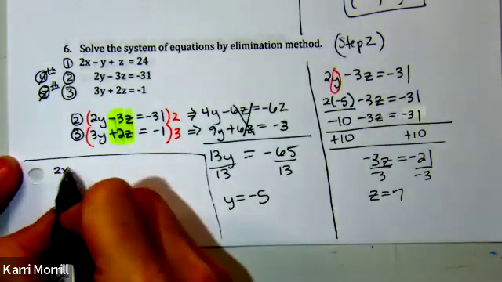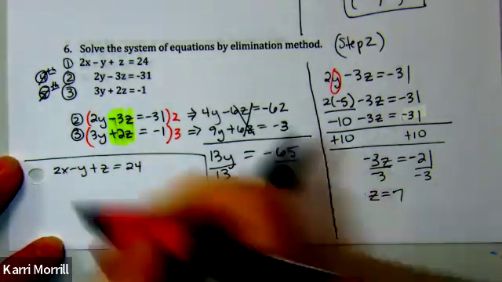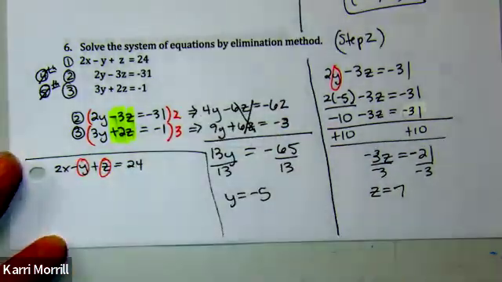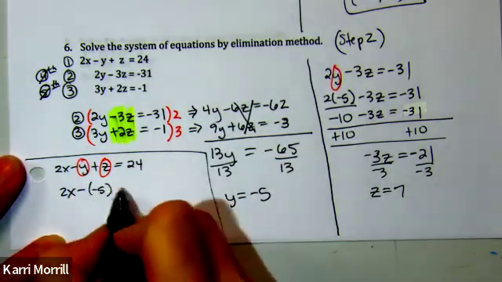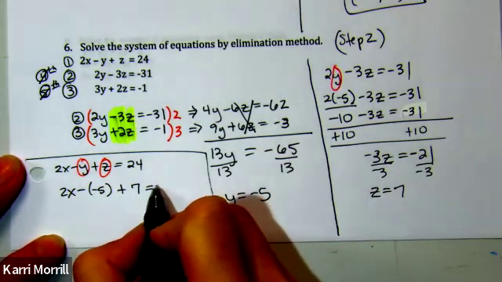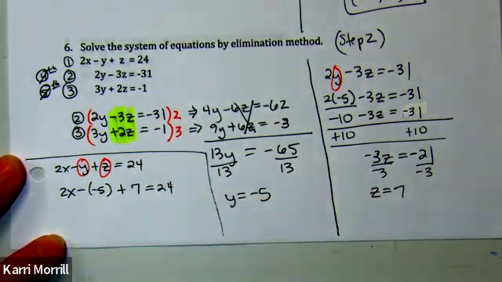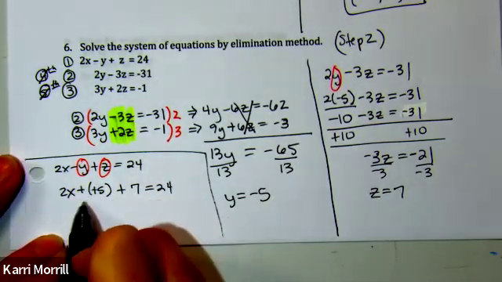So I have 2x minus y plus z equals 24. And I know y and z. So 2x minus, and my y is a negative 5, plus z is 7 equals 24. So double negative means that's really positive.